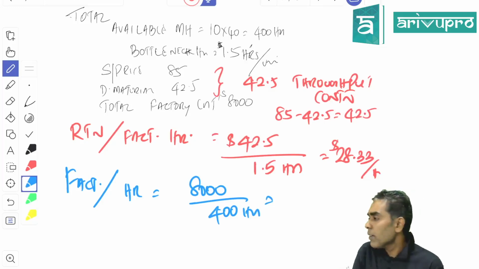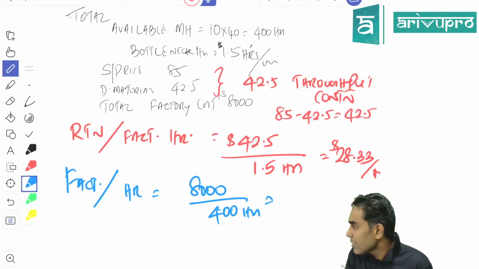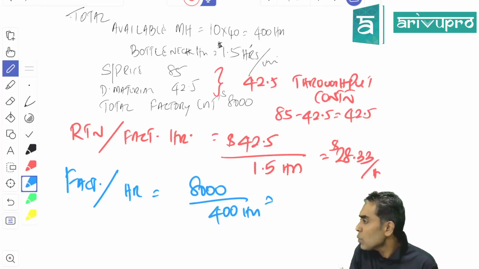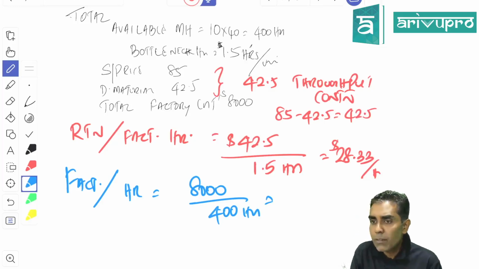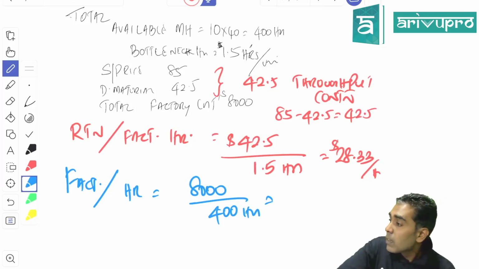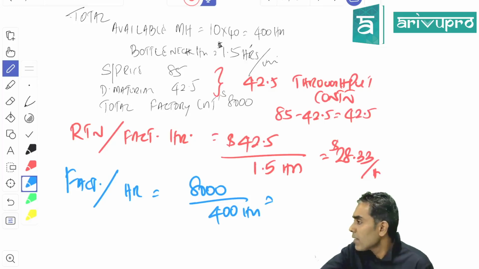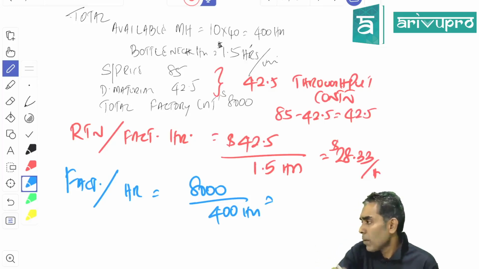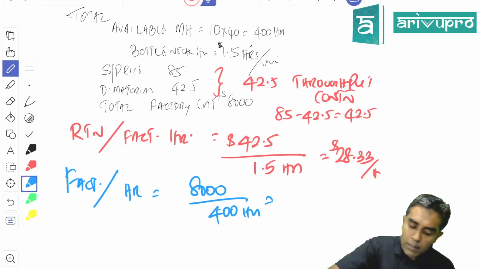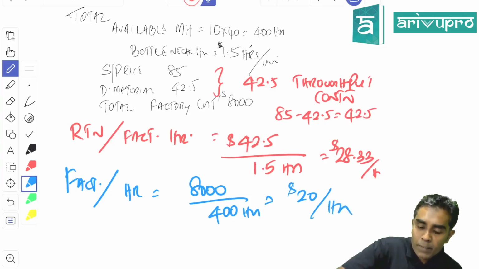If you put 40 hours, you are wrong. There are 10 machines, and every machine gives you 40 hours. Therefore, altogether, available resources are 400 hours. All information is provided for a week. Therefore, $20 per hour.